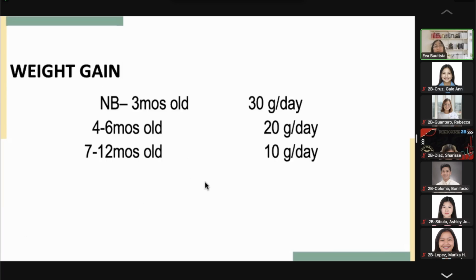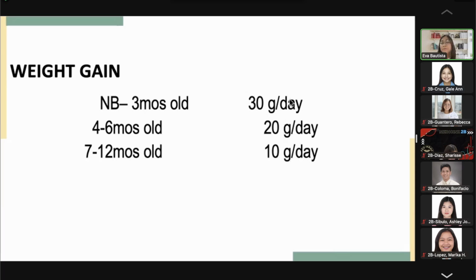Another way to approximate the expected weight based on age: generally, newborn to 3 months of age gain a daily weight of 30 grams. So if we see a 2-week-old and then we see them after a week or 2, we can estimate the weight based on this daily weight gain. For 4 to 6 months, we expect them to gain 20 grams per day, and for older infants, about 10 grams per day.